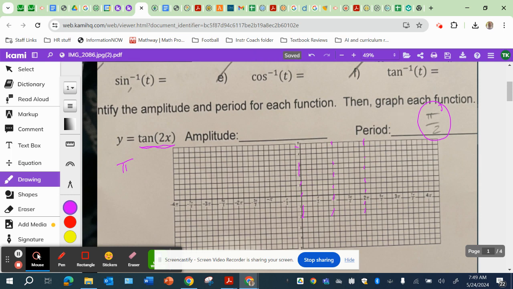If you were just graphing tangent of x, that's where you'd make these asymptotes. But since the period is pi over 2, that means every pi over 2 there is an asymptote. So it shrinks it down.